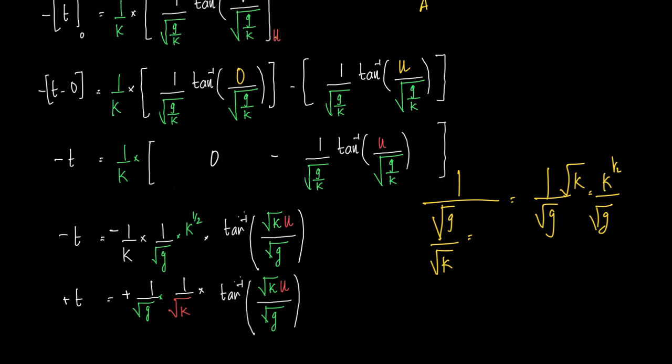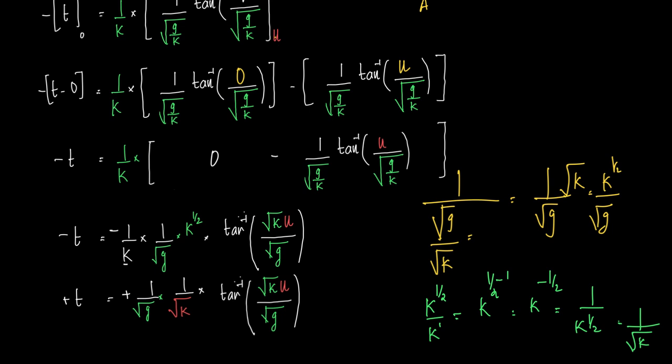Now if we go to the next step, what is 1 by k? I think I should clarify this. We have k here and root k, that is k to the power 1 by 2, in the denominator. So this is k to the power 1 by 2 by k, which is k to the power 1 by 2 minus 1, which is k to the power minus 1 by 2, which is actually 1 by k to the power 1 by 2, which is 1 by root of k.